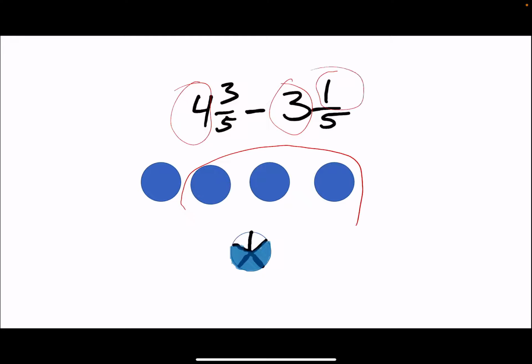And then I'm taking away one of these pieces. One of those pieces, right, is coming away. So what's left? Well, we have 1 whole and then 2/5. This guy's taken away. I ate that one.